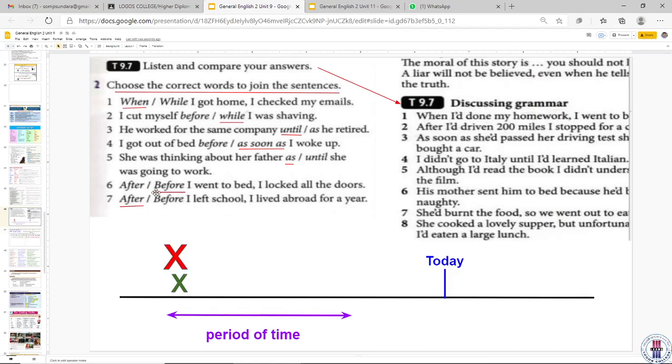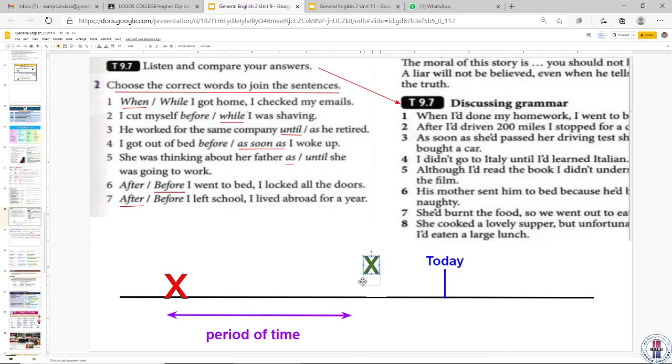Number 5, she was thinking about her father as she was going to work. Okay. So this is almost the same as during. So here, she leaves her house to go to work. She's going to work, and then here she gets to work. Okay. She was thinking about her father as she was going to work.